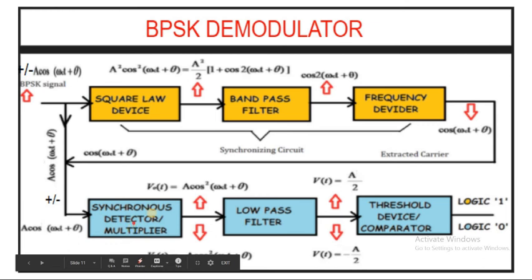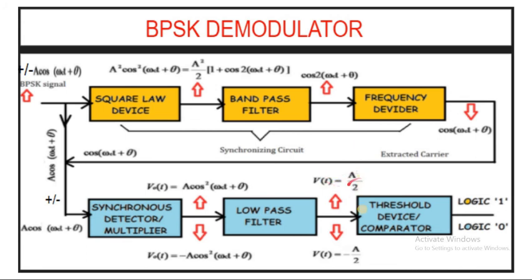The output of the synchronous detector is A cos square omega c t plus theta, which is then passed to the low pass filter. The output of the filter is v of t equals plus A by 2.